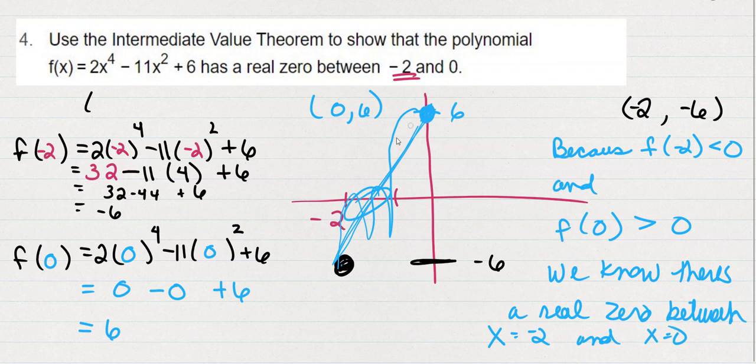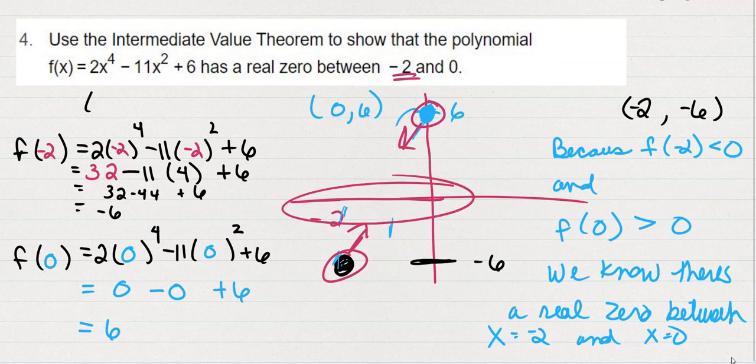So somewhere in between here, I don't know where it crosses on that axis, but I know that somewhere between the point (0, 6) and the point (-2, -6), to get from here to here, we've got to cross that axis. That's the intermediate value theorem.